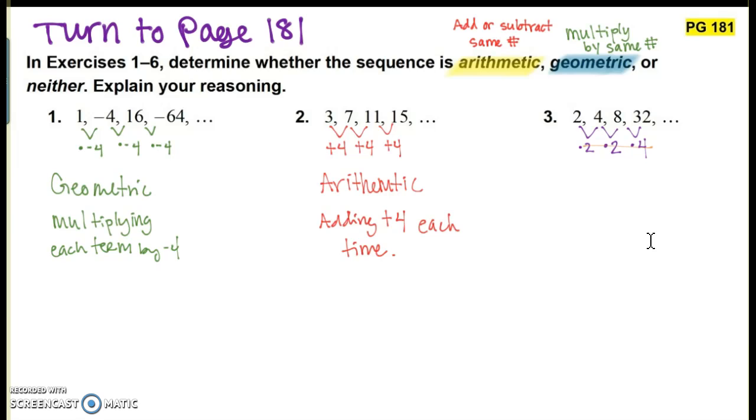Because it's not arithmetic and it's also not geometric, we classify this as neither. So that is an option. Over here at the very end, it says it could be neither. So this one we would just write down the word neither.